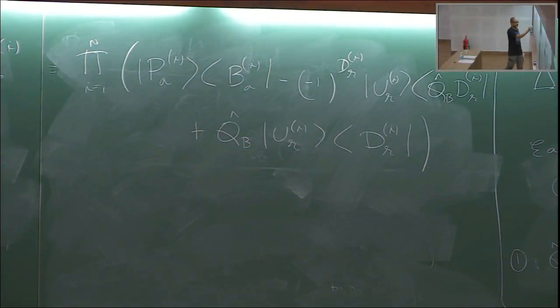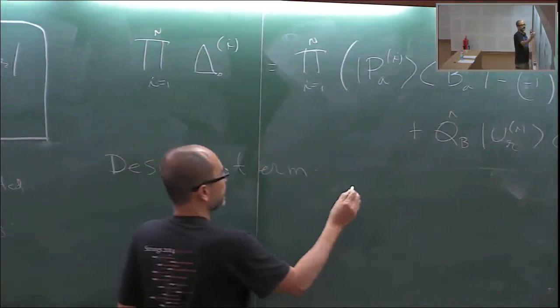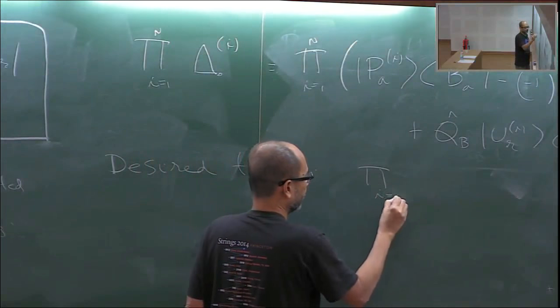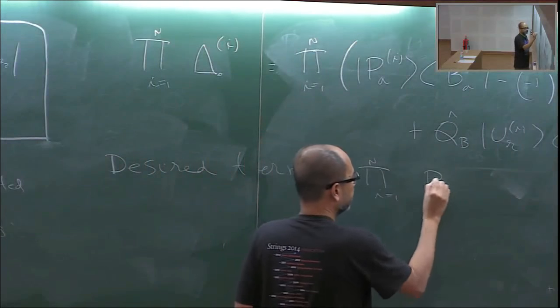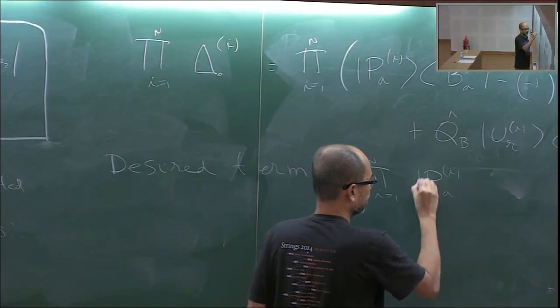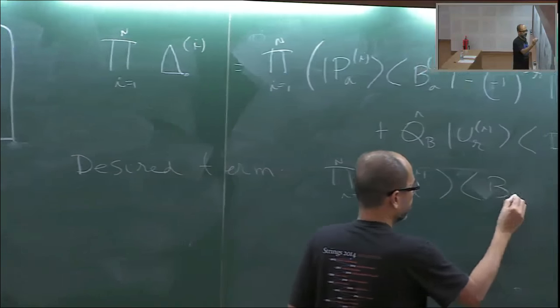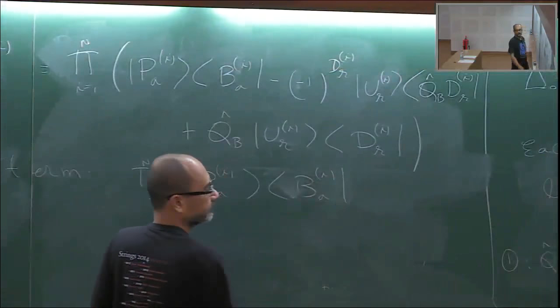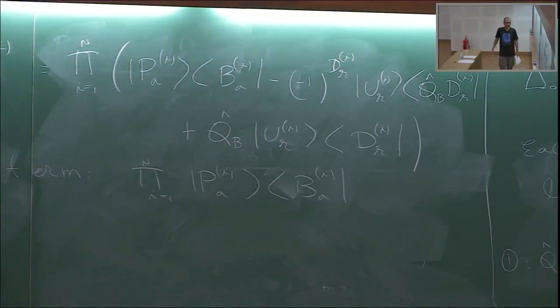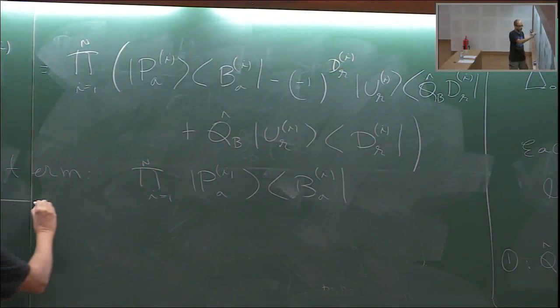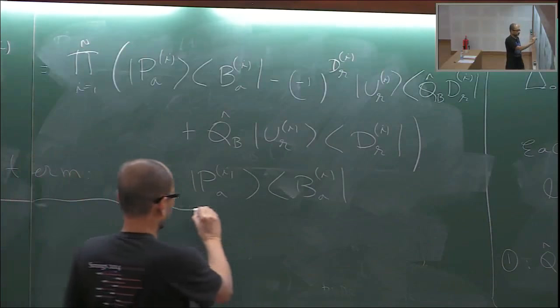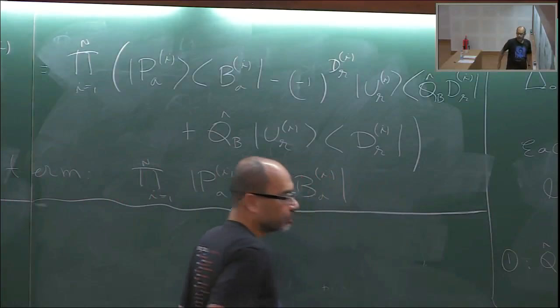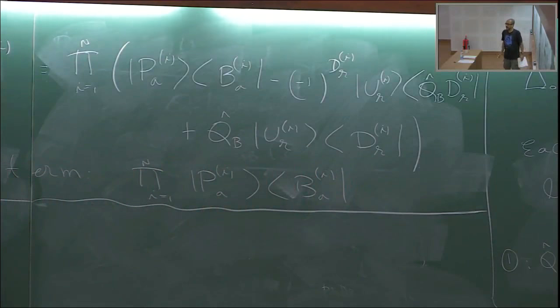Okay. And as I have already said, the desired term is the product over i equal to 1 to n of P_A_i. Okay, this is one of the terms. So let's start with the simplest non-desired term.